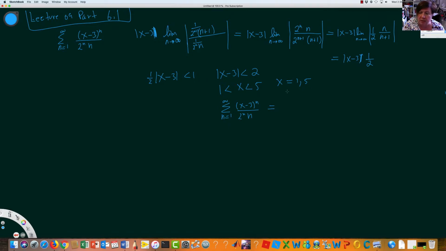So if I put x equals 1, let's start with that one. At x equals 1, we have the sum from n equals 1 to infinity, and x equals 1 gives me a minus 2 on the top. So we have minus 2 to the n over 2 to the n times n.